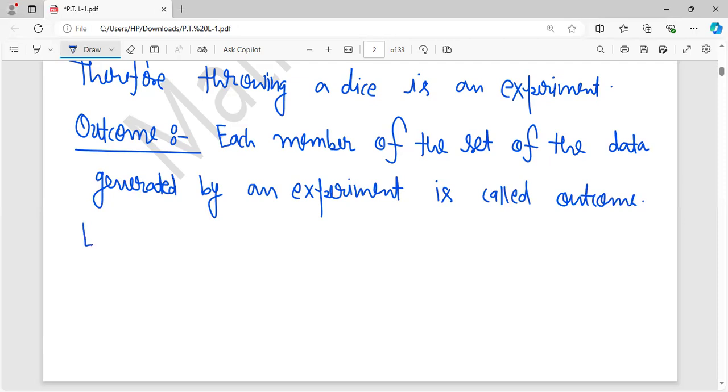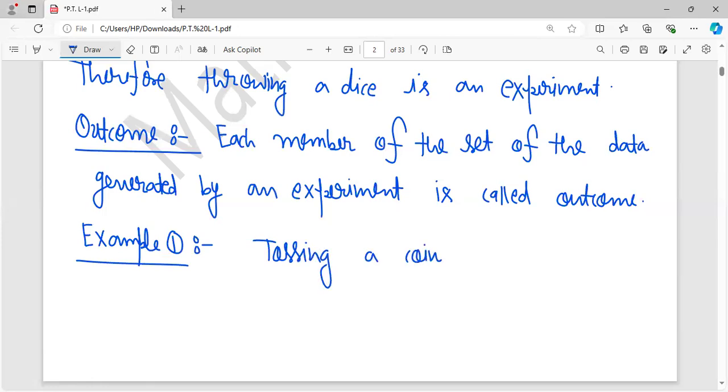For example 1, tossing a coin is an experiment.